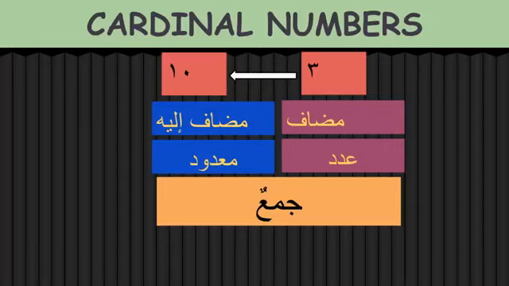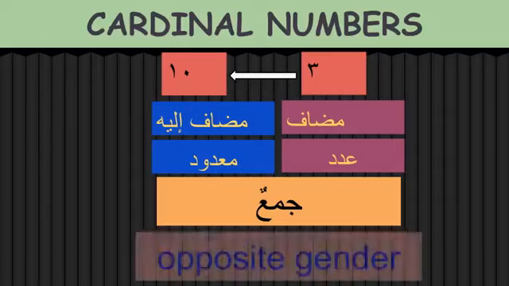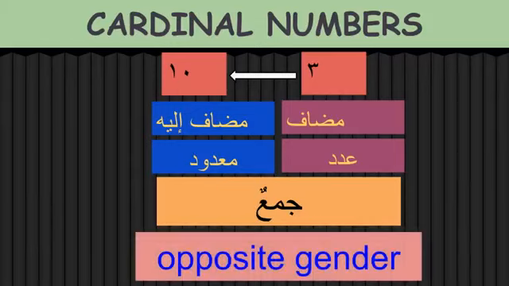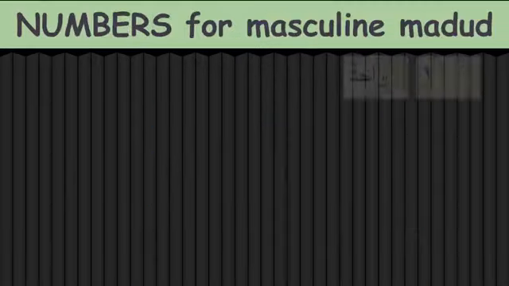So we say 3 pens: thalathatu aqlamin, khamsata riyalatin. They are in opposite gender. A masculine noun will have a feminine number with ta marbuta, and a feminine noun will have a masculine number without ta marbuta. That's the difference here.